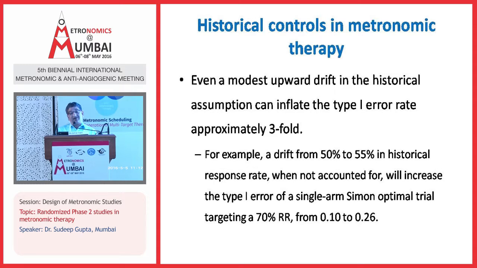And even a modest misassumption in the historical cohort can actually increase the possibility of a type 1 error. So for example, if one wants to test an improvement in outcome from 50 to 70%, and if the actual control response rate is 55%, the possibility of a false positive result goes up to 26%.